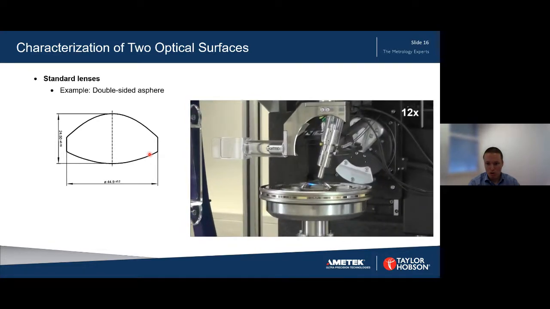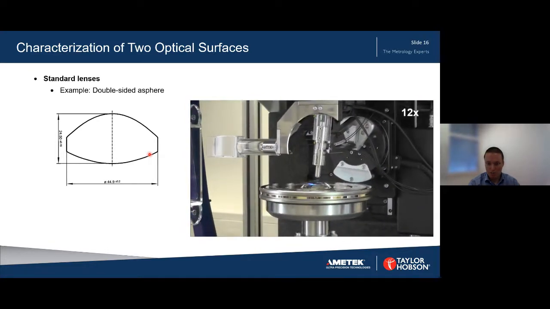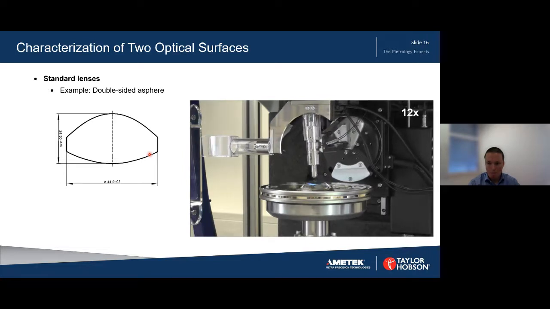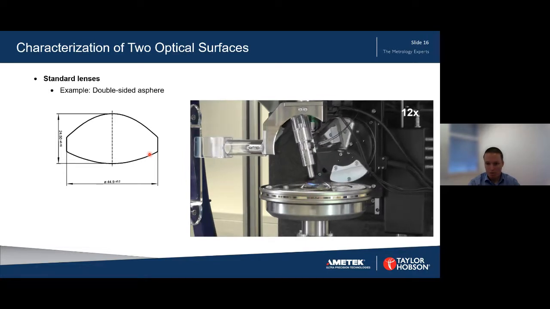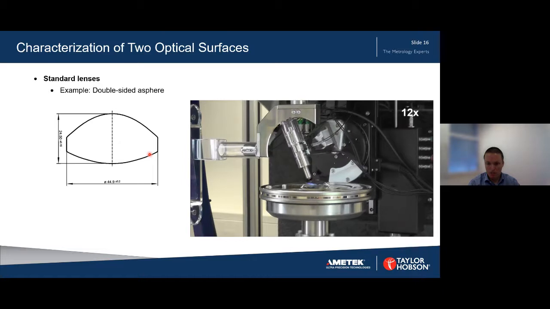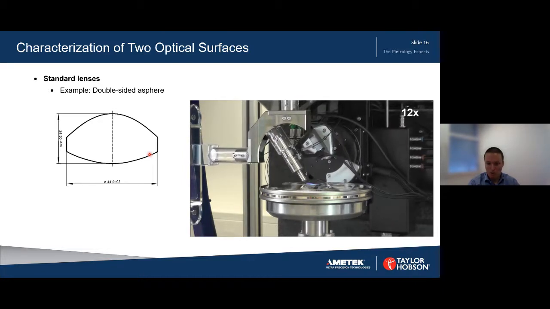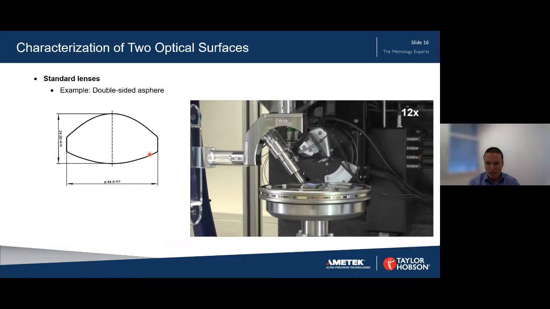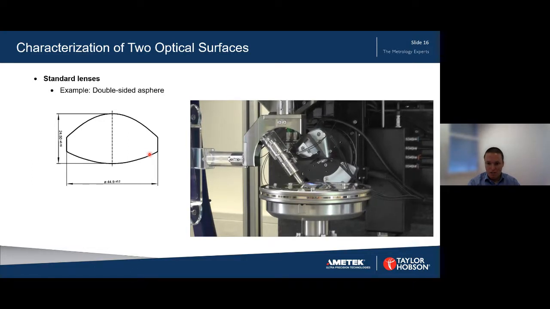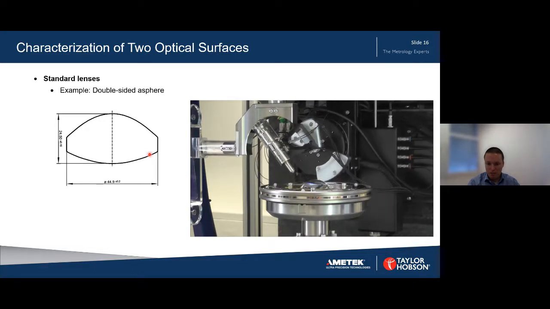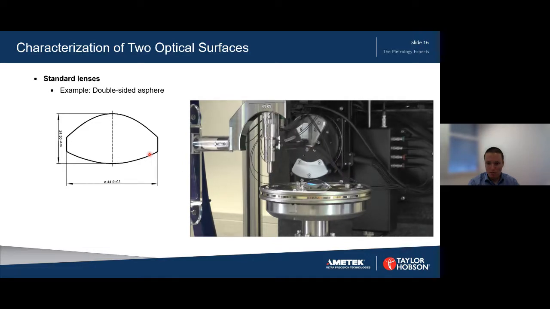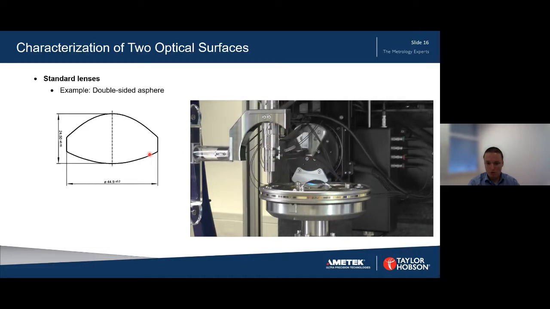Doing the measurement of the optical surface. And again, the object probe is following the design shape of the optical surface, measuring the full surface. And now, after the optical surface is measured, we are measuring the axial runout of the reference ring.